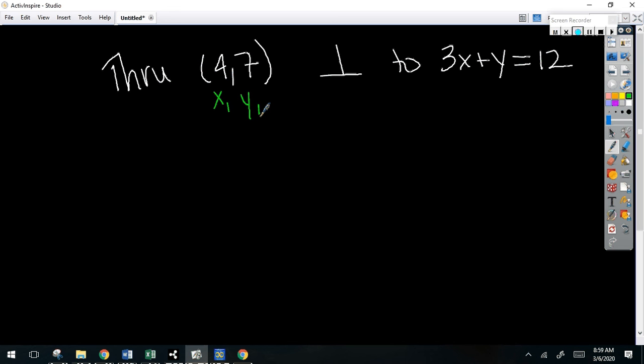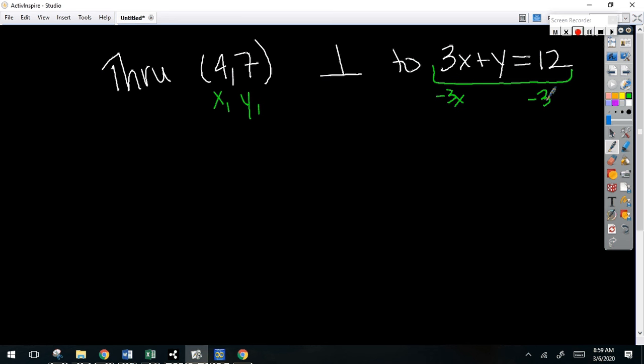Well, right now, it's hard to see the slope, right? Since this is in standard form, I need to solve it for what? y. How do you get y by itself here? Subtract 3x. That's exactly right.